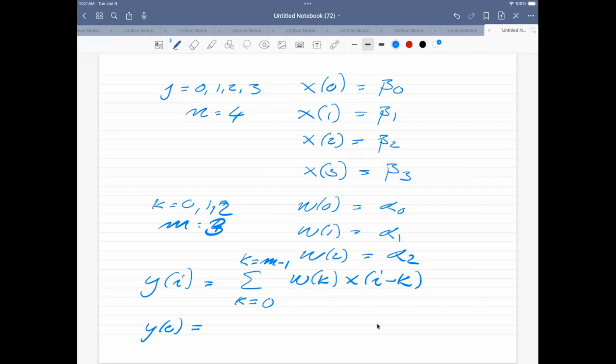If you do this, you would have a term w0 times x0, which is what we had before, alpha 0 times beta 0. But then I get w1 multiplied with x minus 1, plus w2 multiplied with x minus 2. So these two are not defined.